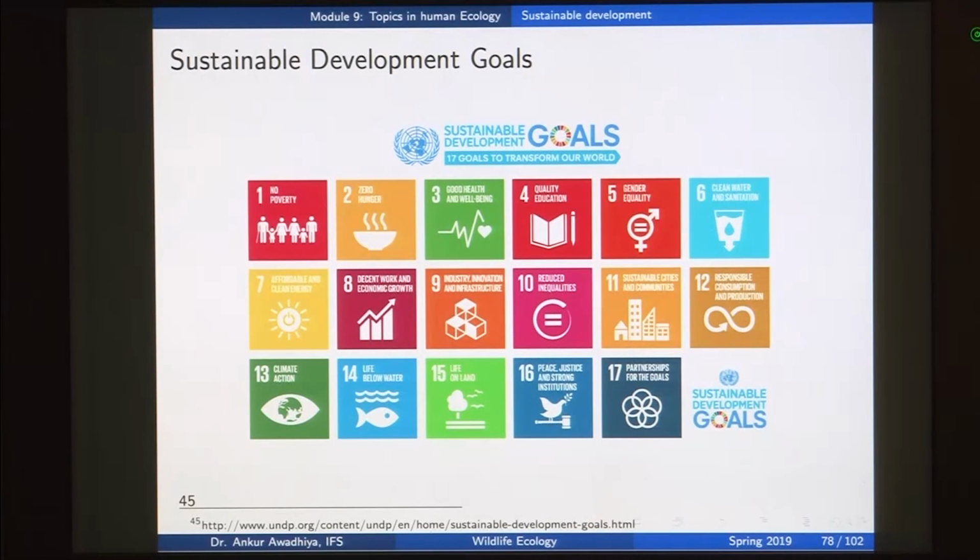These are the 17 sustainable development goals that we have come up with as a global community.